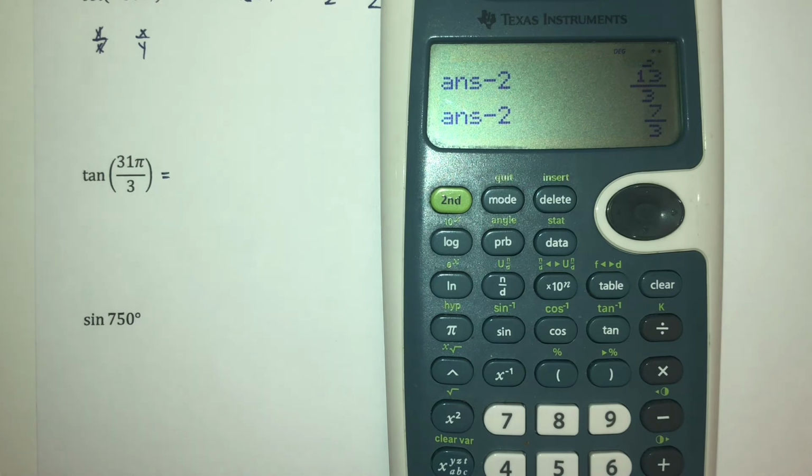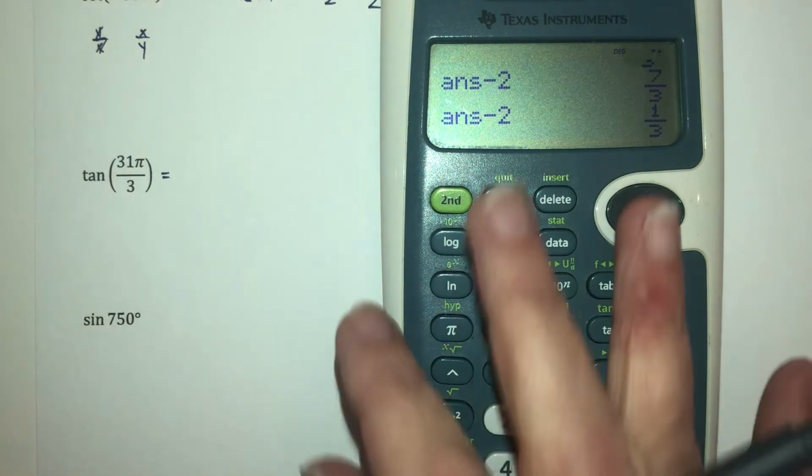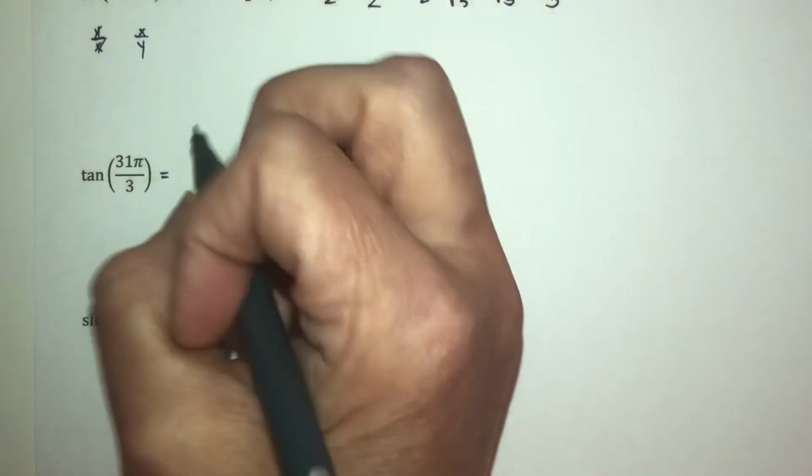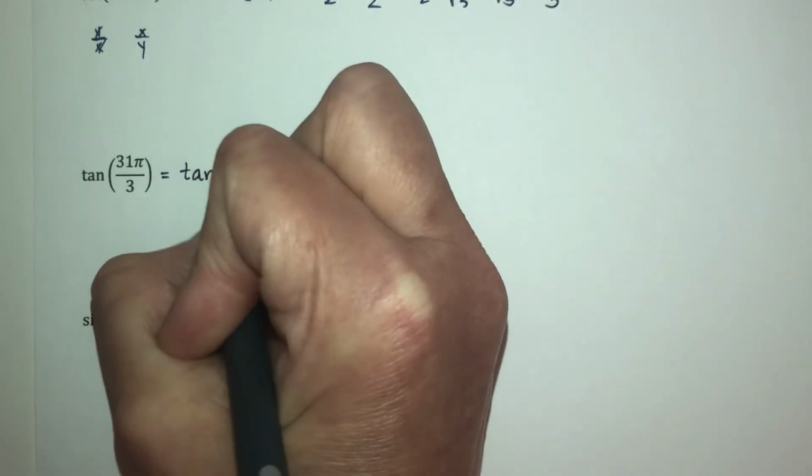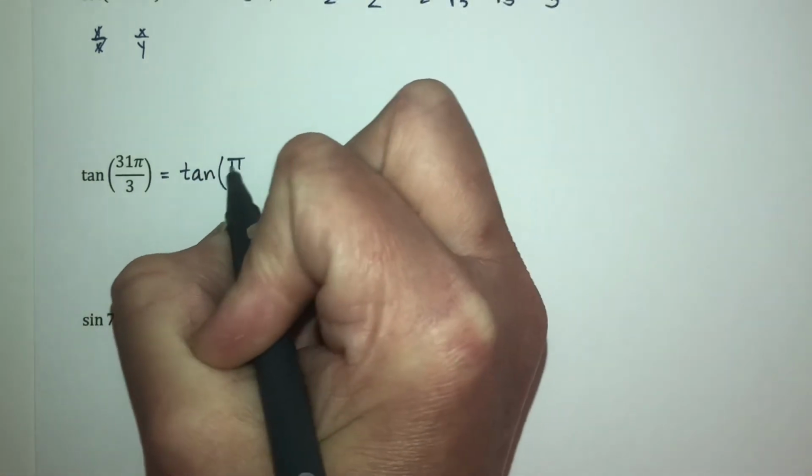And we get 7 pi over 3. That's not good enough yet. That's still larger than 2. So I get 1/3. So this is the same thing as tangent of 1 pi over 3.